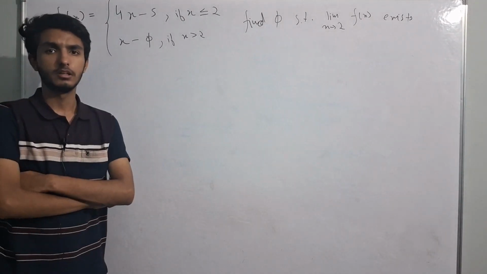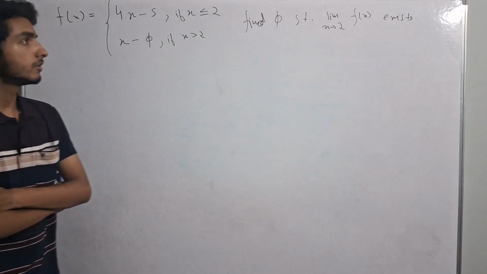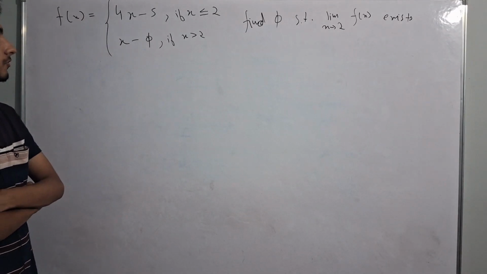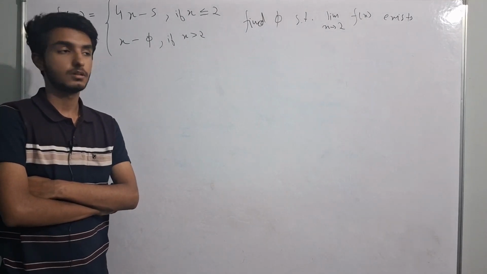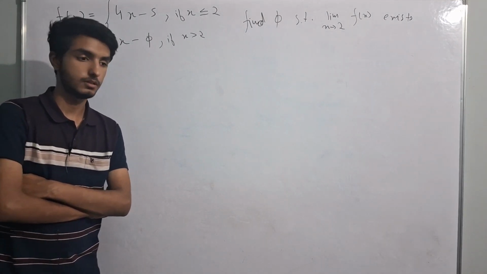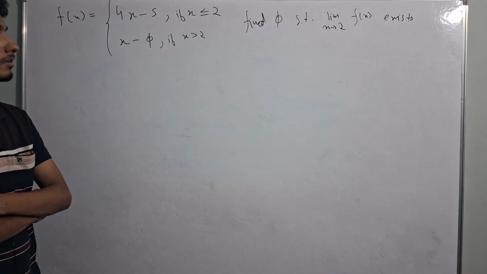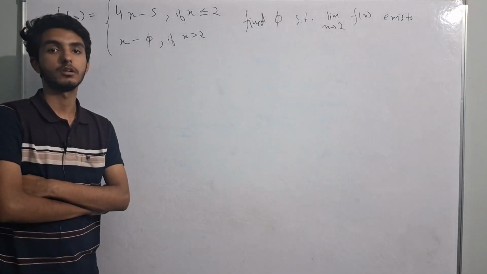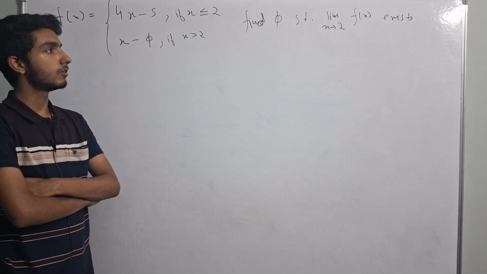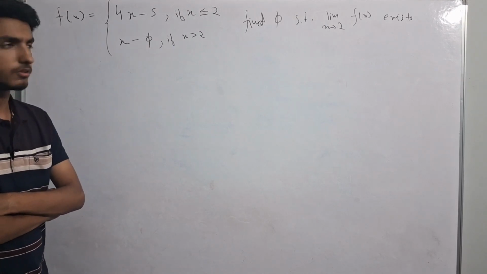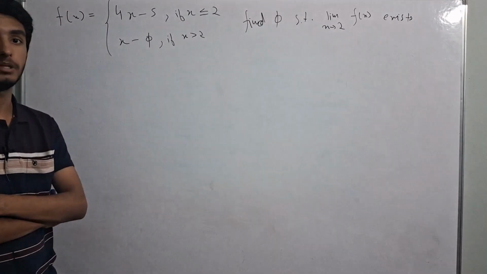So basically when a limit exists, that means the left hand limit is equal to right hand limit. So in the previous cases what we found was that the limit does not exist. Why? Because in each of the questions which we did before, the left hand limit and the right hand limit were not equal. So hence we can conclude that to find out if a limit exists or not, we have to find out the left hand limit and the right hand limit, and they must be equal.